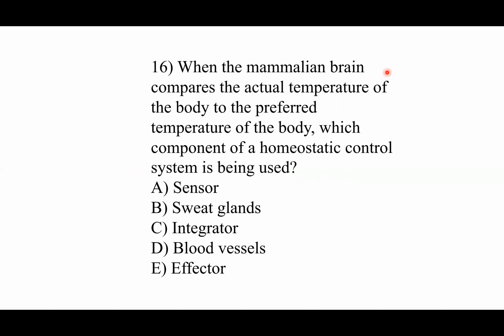When the mammalian brain compares the actual temperature of the body to the preferred temperature of the body, which component of a homeostatic control system is being used? So the answer is C, integrator. So we talked about negative feedback where you have a sensor, an integrator, which evaluates incoming sensory information to determine the response.